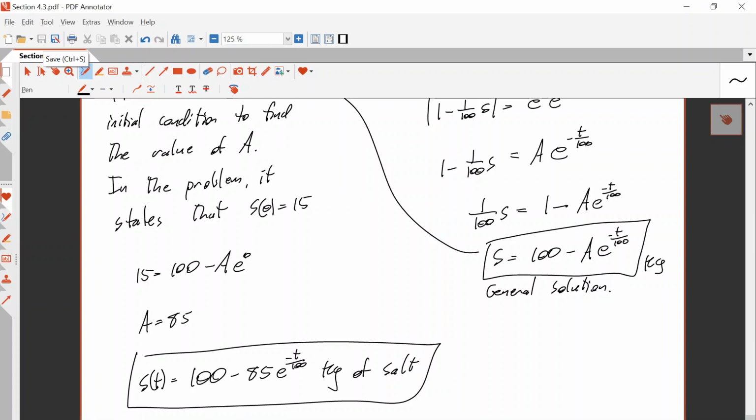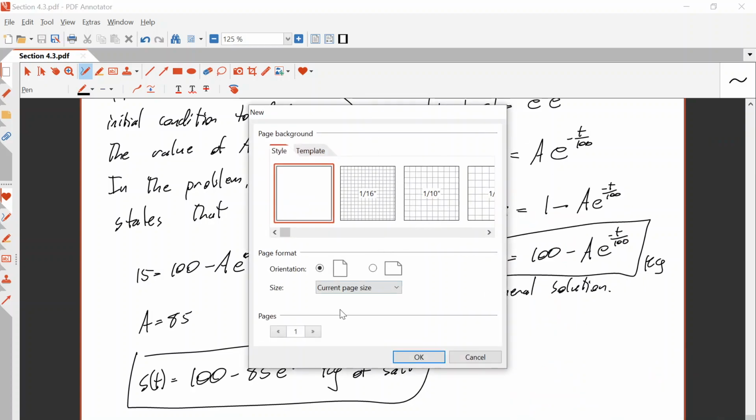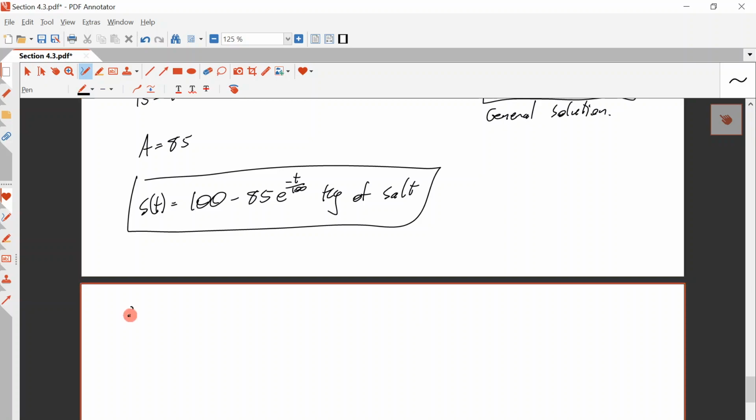All right, well, this is kind of an interesting function. This is known as a logistic function. And so let's ask the following question. What is the trend for S of t as time goes forward?